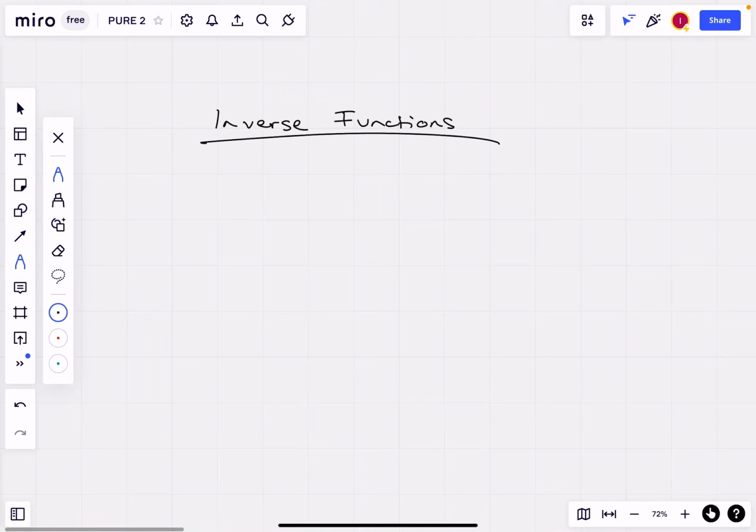If the notation for a function is f(x), the notation for an inverse function is f^-1(x), okay?